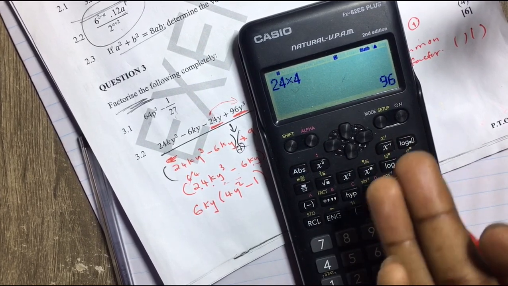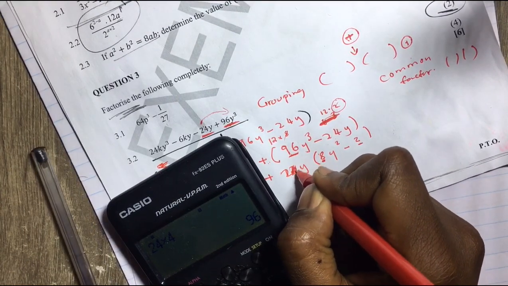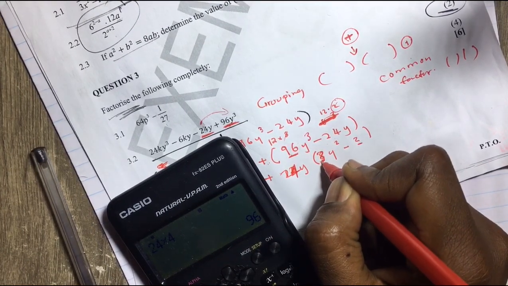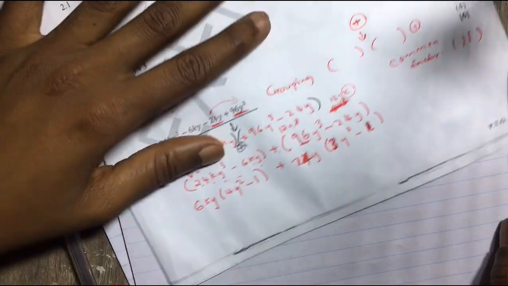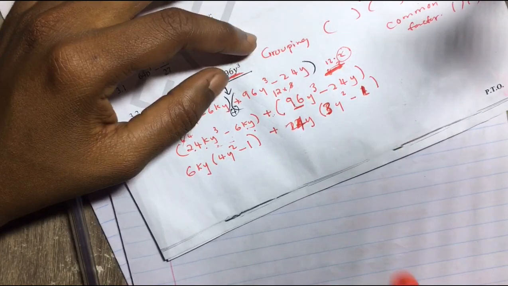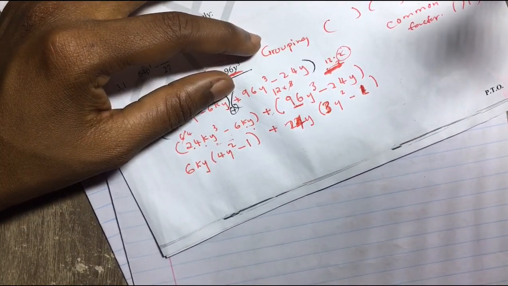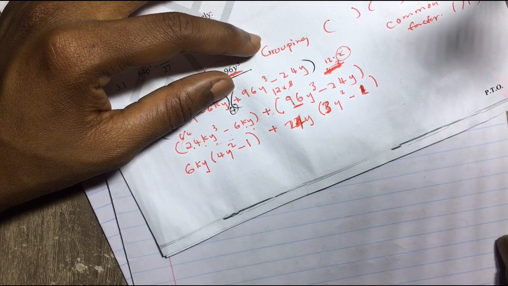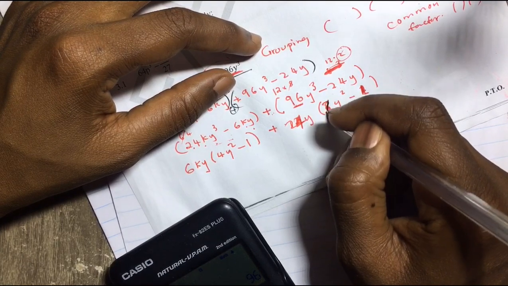I should have used that one. If I take out 24, I'm left with 3 there. I'm left with 1 there. Yeah, sorry about that. That was a short break. Am I right now? No, I'm not right. It's a 4, it's not a 3. So here it's a 4.